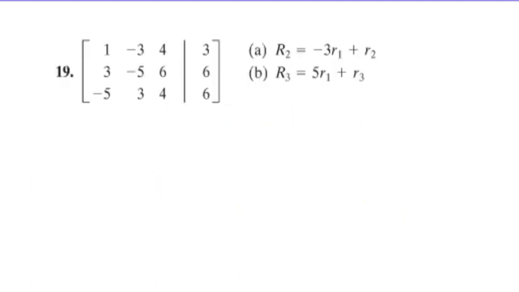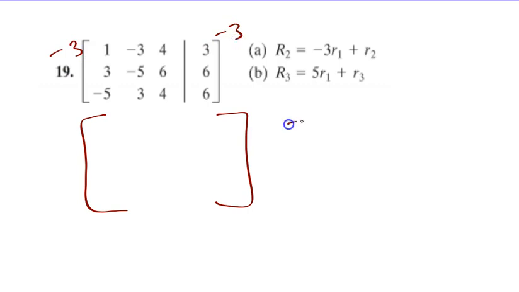More row operations. This says negative 3 times row 1 and add it to row 2. By multiplying row 1 by negative 3, I come up with negative 3, 9, negative 12, negative 9, and add it to row 2, which is a 3, negative 5, 6, and 6.